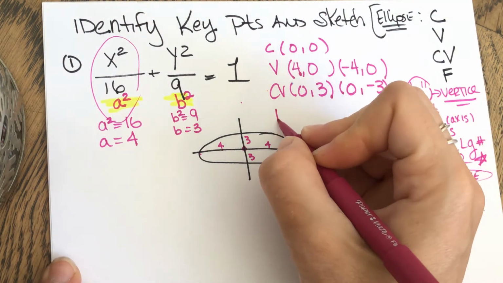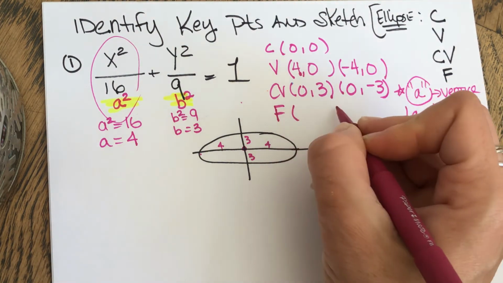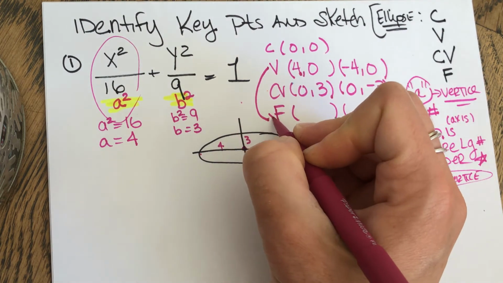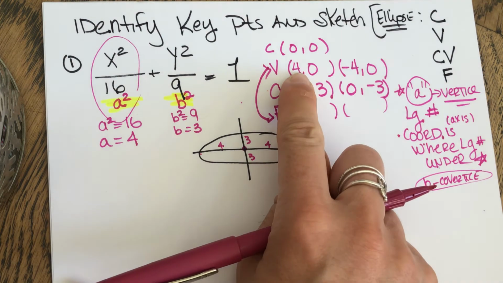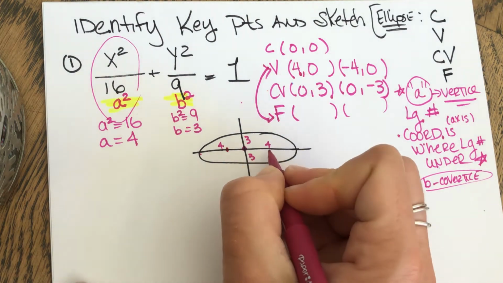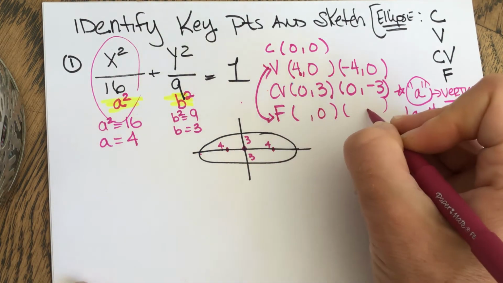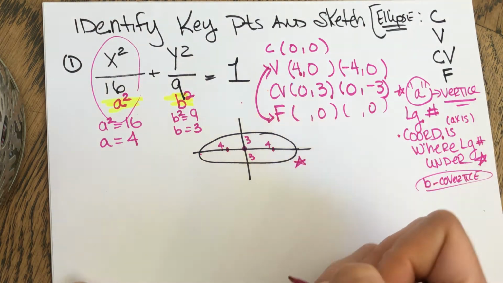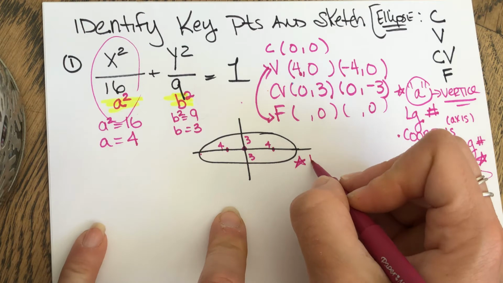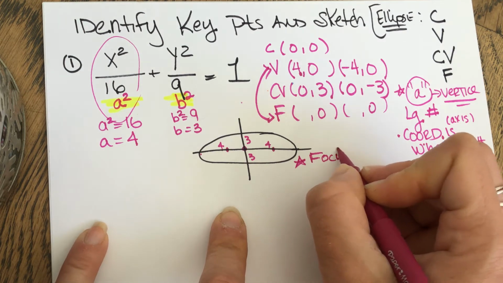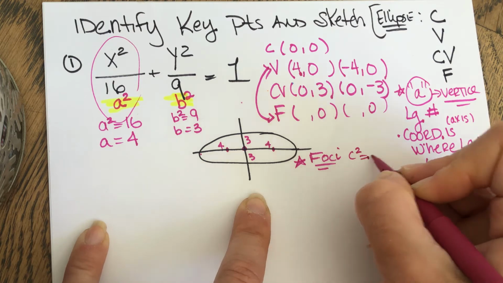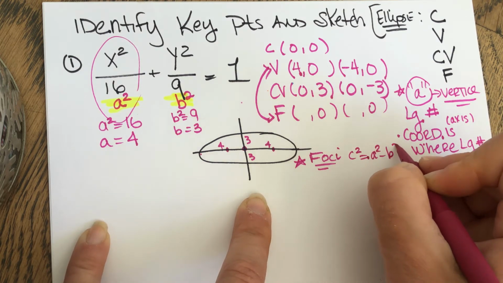And the last one is your focus. First thing, here's what I would recommend doing. Your focus always follows your vertice, right? So if the vertice is along the x, your focus is along the x. So put a 0 just to kind of get it out of the way. Unfortunately, to find your foci, you have to do the work I gave you: c squared equals a squared minus b squared.